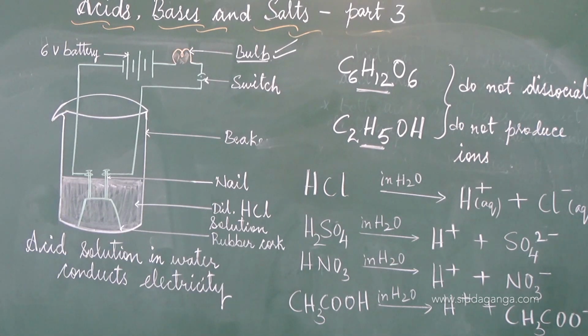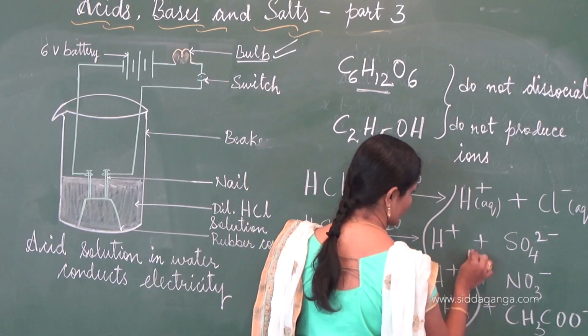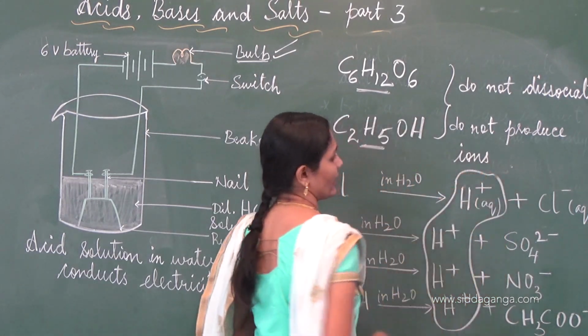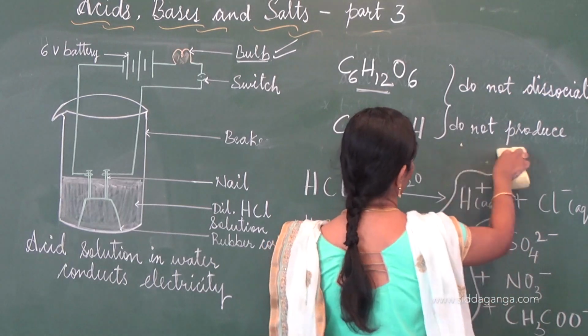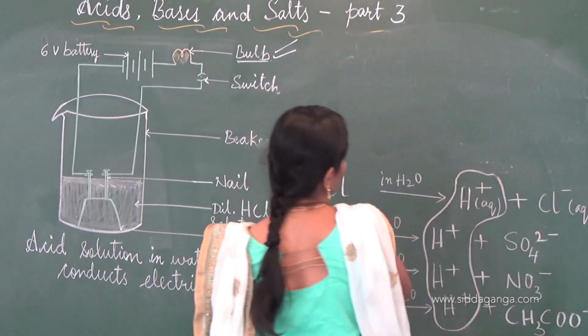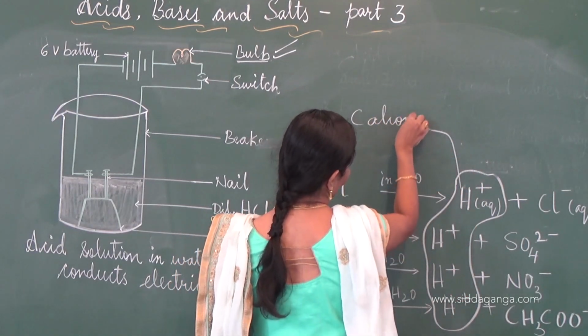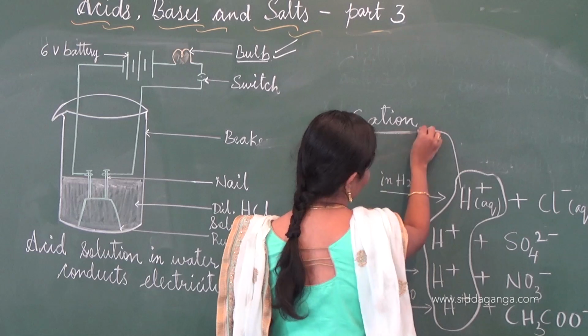So what did we find in all these cases? We found H plus ions, right? H plus ion being the cation, and the other anions were formed.